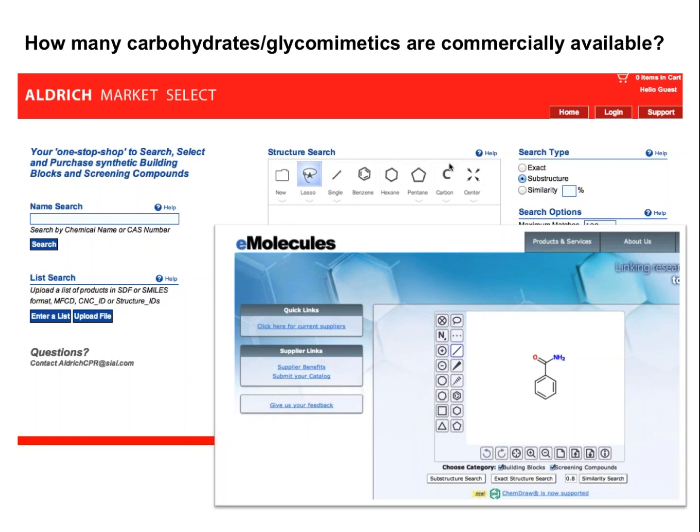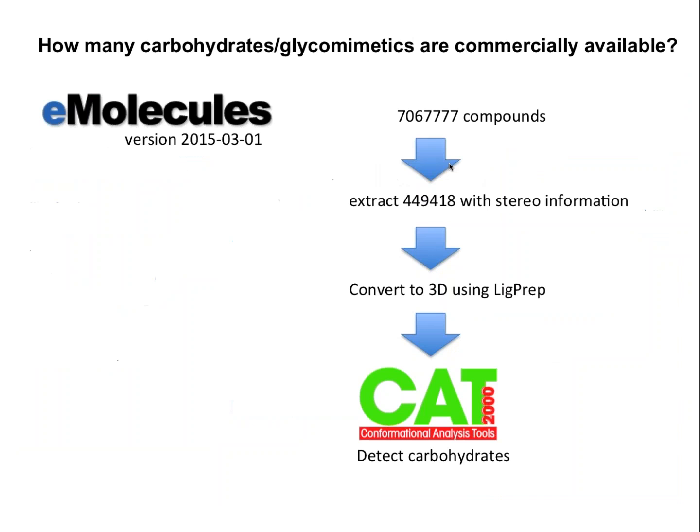So I wondered how many carbohydrate containing compounds are in commercially available vendor catalogs. The biggest ones are Aldrich Market Select and e-molecules. So what I did, I took e-molecules, about 7 million compounds at that time. Almost 500,000 had stereo information, which is very important.